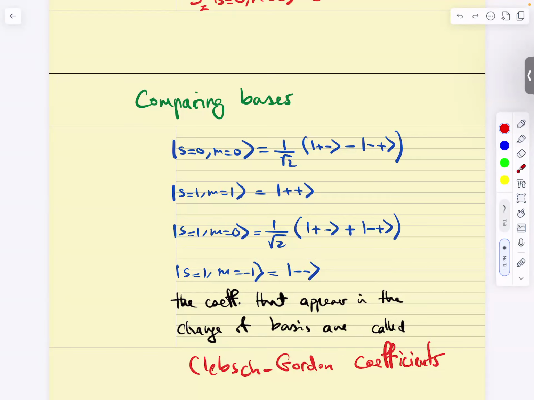Just take a vector that has length D1 plus D2, copy this vector here and this vector here. You just put them next to each other.